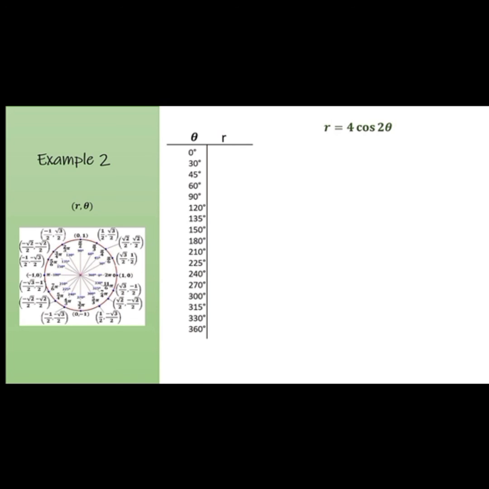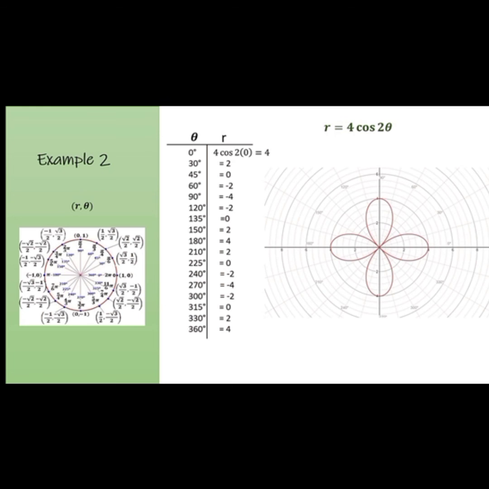We substitute in the equation and we have the results 4, 2, 0, minus 2, minus 4, minus 2, 0, 2, 4, 2, 0, minus 2, minus 4, minus 2, 0, 2, and 4. Finally, we graph. We put the equation and we obtain the line. We have a rose with 4 petals.